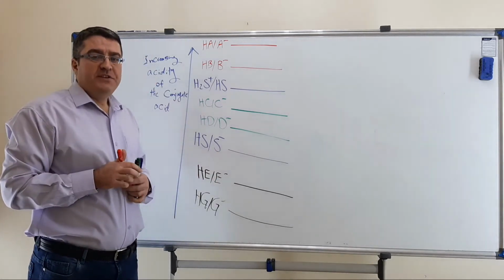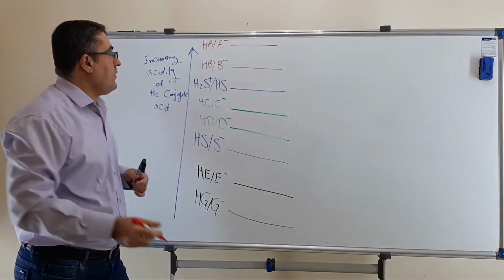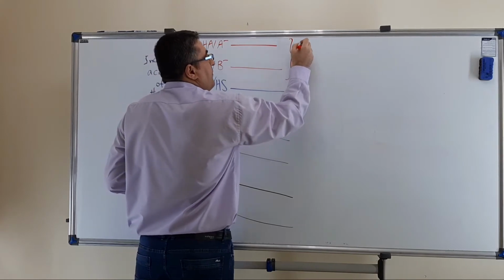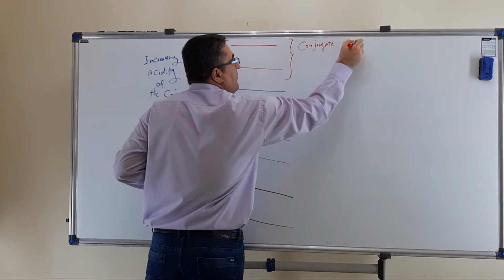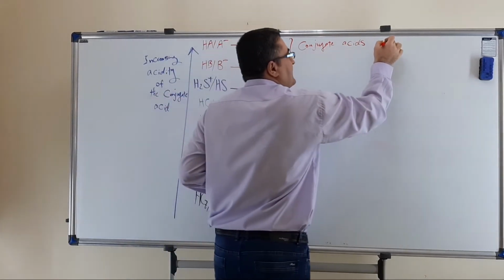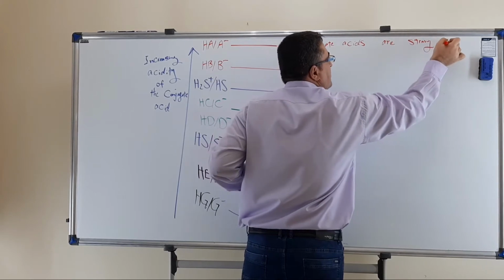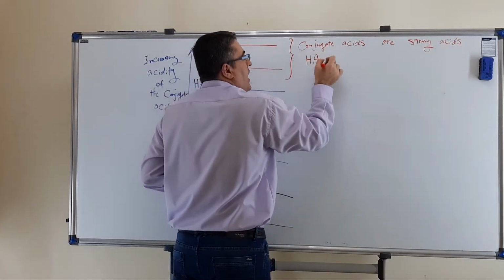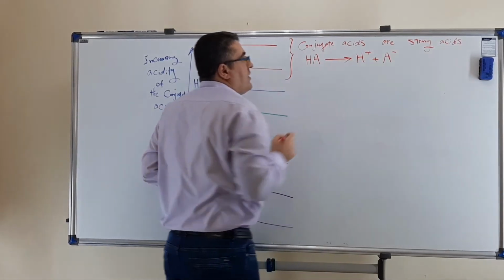Based on our previous discussions, we can discuss that these conjugate acids are strong acids. Their acid dissociation reactions are complete. For example, HA yields H+ and A- completely.